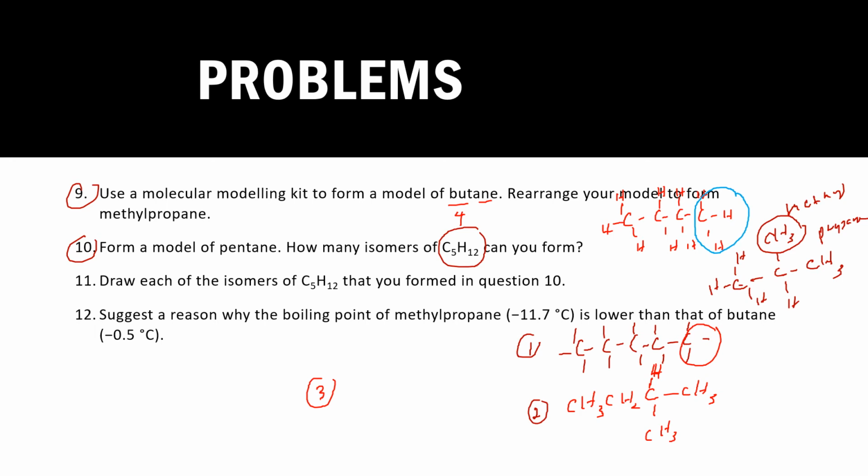Okay, so this one here is CH3, CH2, CH2. One CH3 can go to here, and the other one we can write like this: CH3, C, CH3, CH3, CH3.